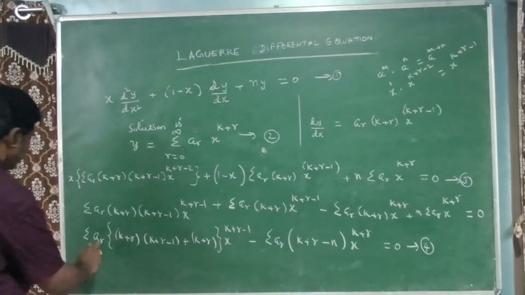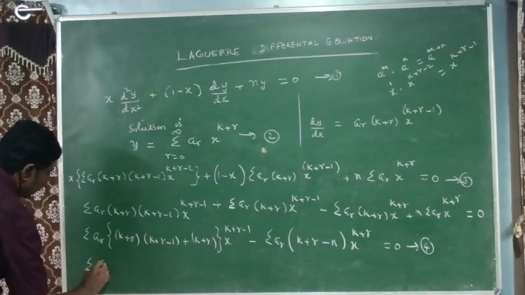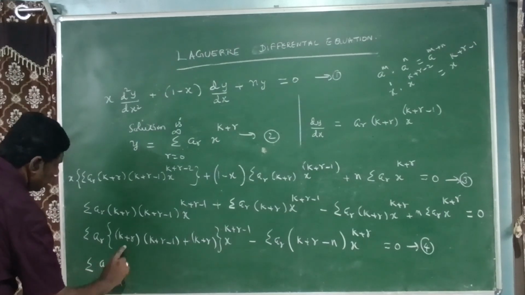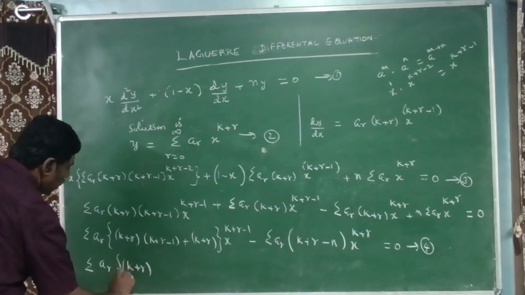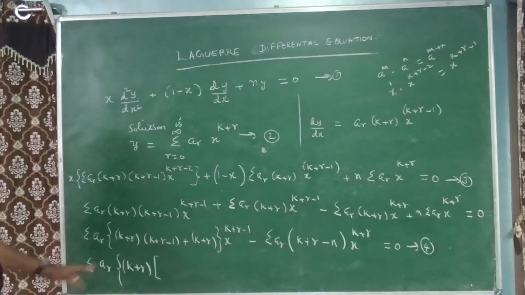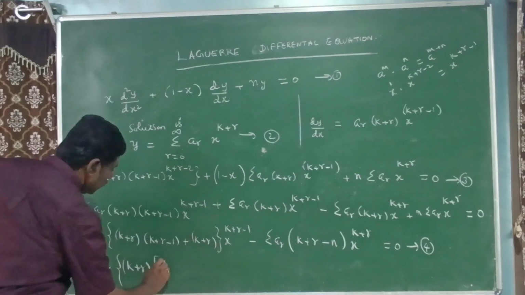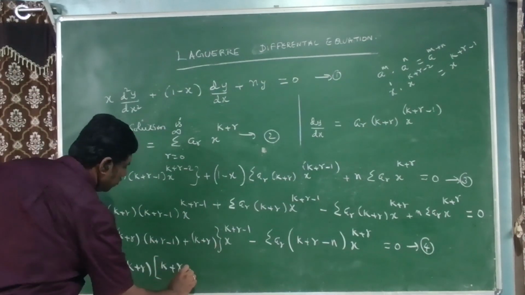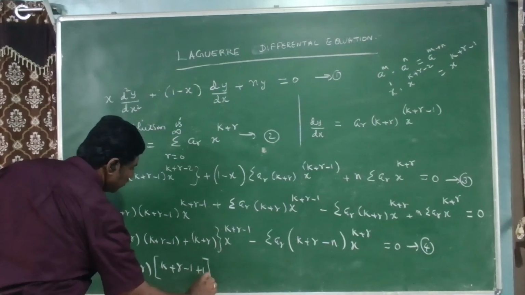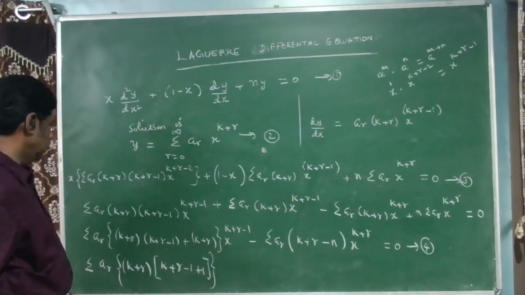Now see here. This is summation over a_r. Take this (k+r) as a common term. If you take out (k+r) as a common term, we get (k+r−1+1).